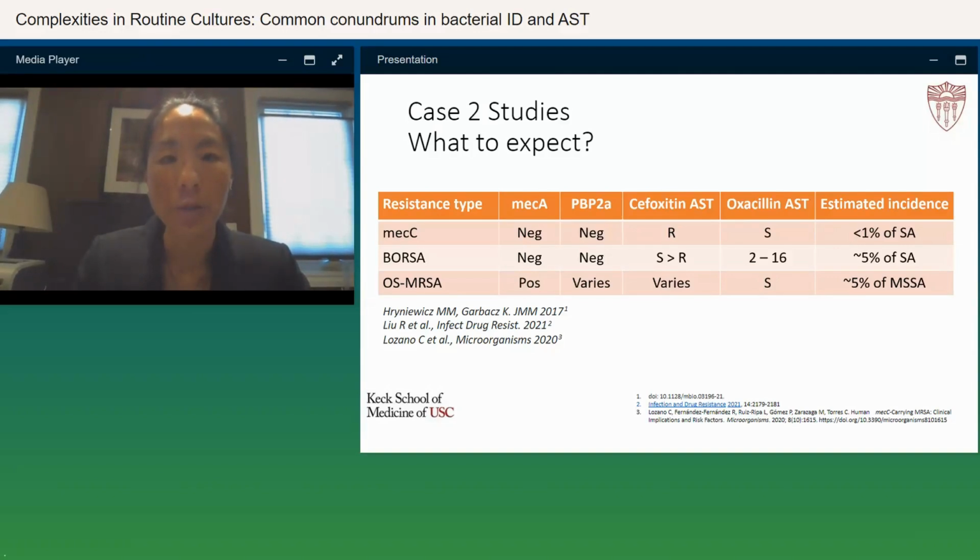If the organism harbors the gene, generally we are very wary about reporting it as susceptible, because we know that genetic mechanisms can get turned on when an organism is subjected to selective pressure. So do recognize that this can occur, and we do see this from time to time, that kind of discordance as well. Estimated incidence is about 5% of MSSAs turn out to harbor the mecA gene.